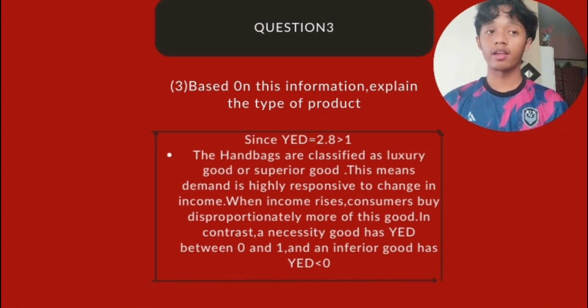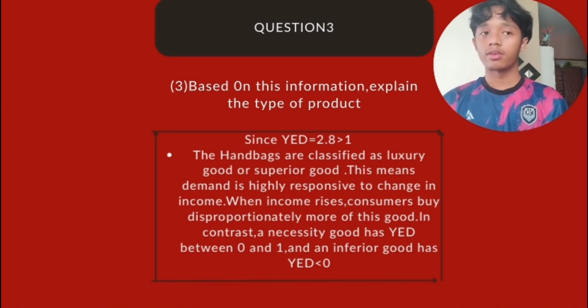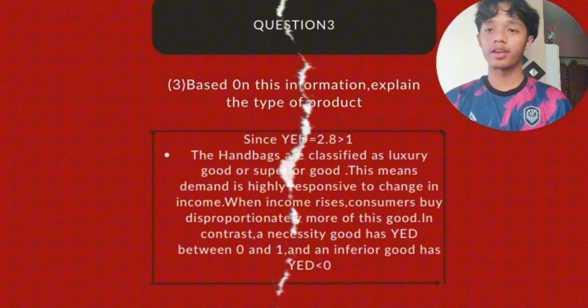When income rises, consumers buy disproportionately more of these goods. In contrast, a necessity good has income elasticity of demand between 0 and 1, and inferior goods have negative elasticity of demand, below 0.